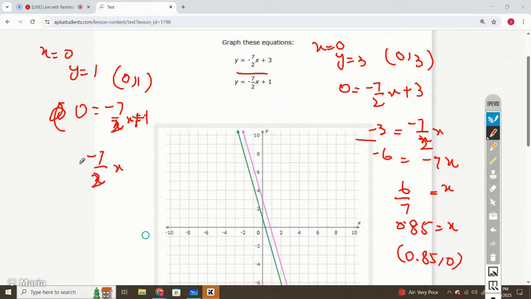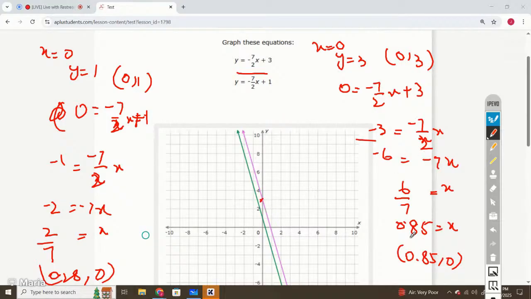Negative 7 over 2x equals negative 1. Negative 2 equals negative 7x. x equals 2 by 7. 2 by 7 equals 0.28 and 0.